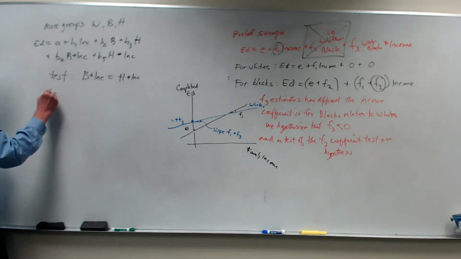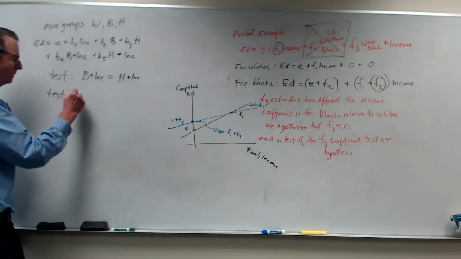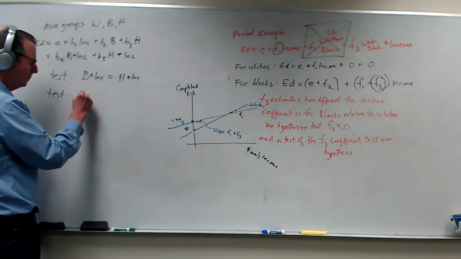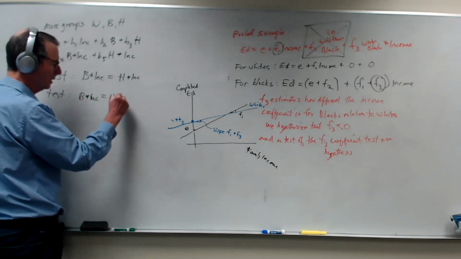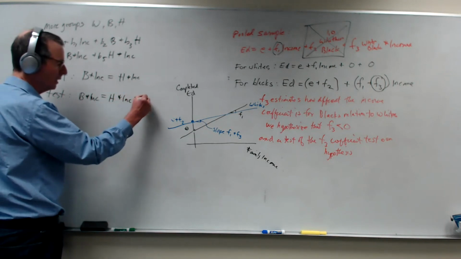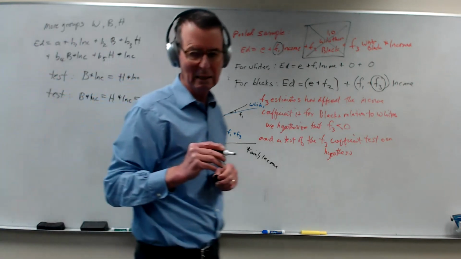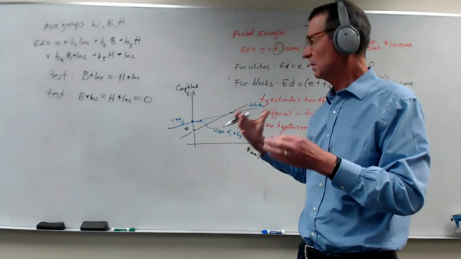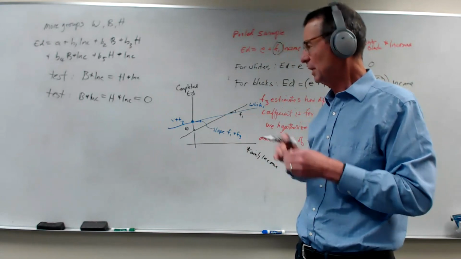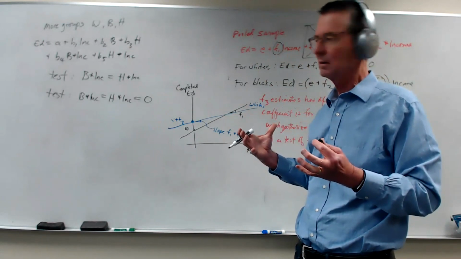You could also test whether collectively black times income equals Hispanic times income equals 0. So that would tell you whether, for blacks or Hispanics, taken together, there are any subgroup differences at all, right?